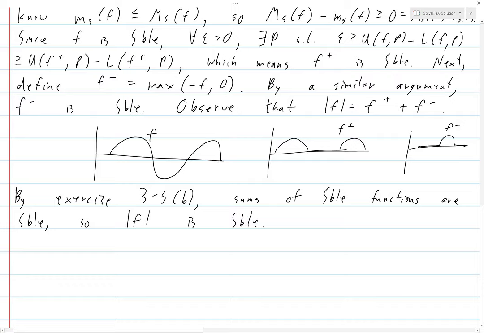Alright, so now finally, since f is less than or equal to the absolute value of f, the integral over A of f is less than or equal to the integral over A of the absolute value of f, and this is by exercise 3-5.